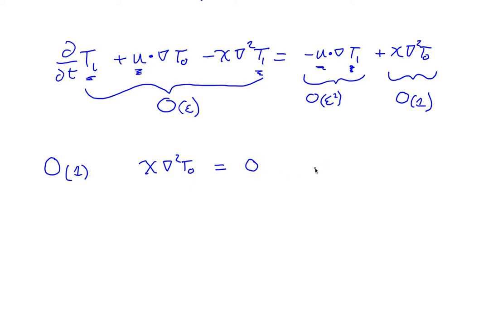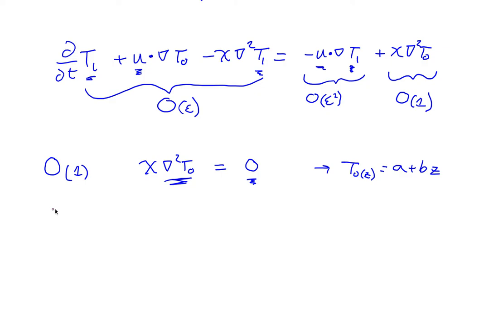This, by the way, immediately tells us that t0 of z is some linear function, a plus bz, because the second derivative, del squared of t0, is equal to 0. So that is what we would call our equilibrium solution that we might be studying dynamics around.